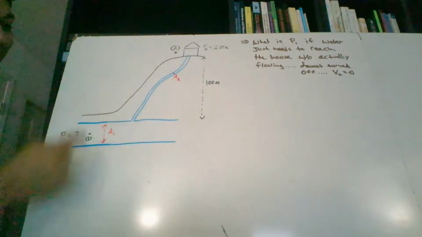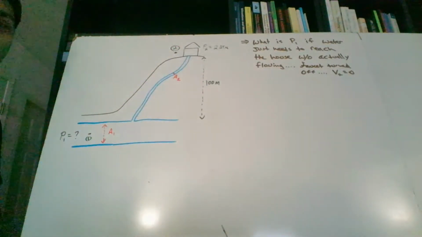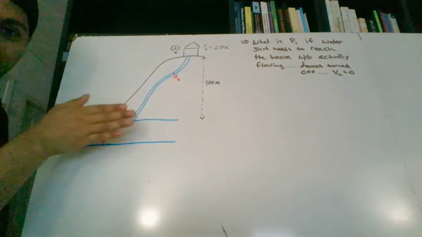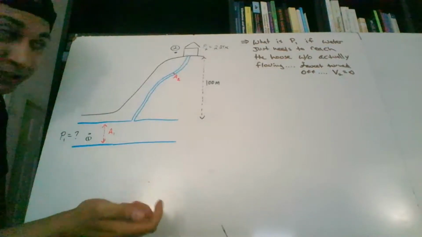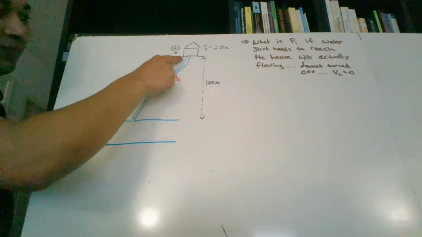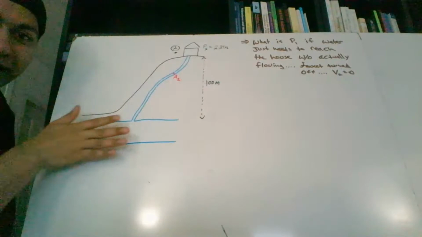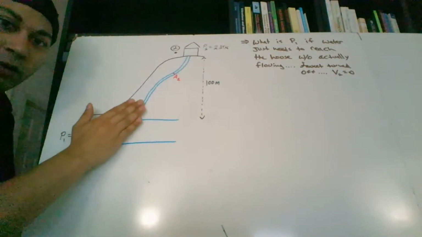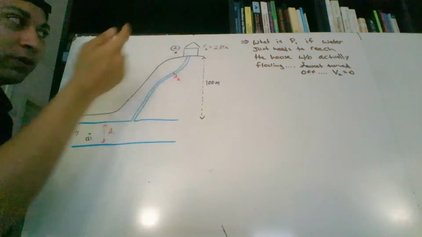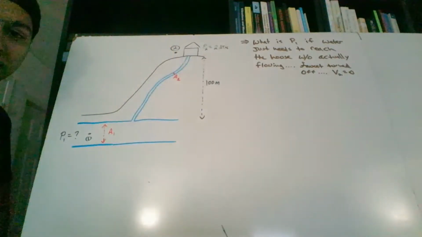Helen's looking down on the people down here, and water has to go to Helen's house. You know, Helen has plumbing because she's rich. So this is your main line of water that goes underground, and that line has to go up this mountain in order for the water to reach Helen's house.